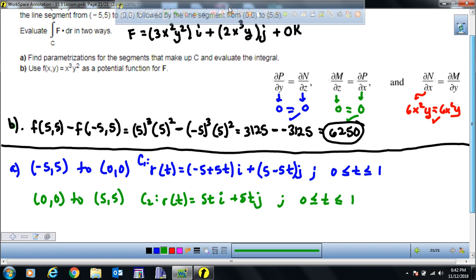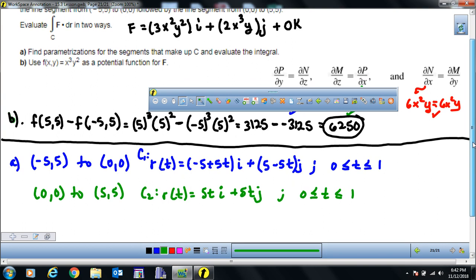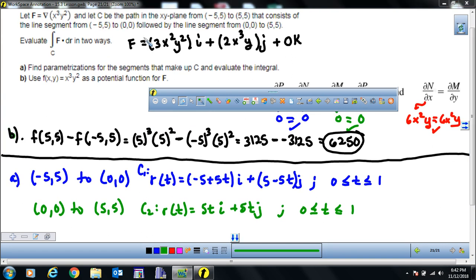So we already got the gradient field, which is this one. Remember that what we need to do now, we need to evaluate this gradient field to each one of these parametrizations. Okay, where x is going to be this and y is going to be this, and for the second one, x is going to be this and y is going to be the 5t. Okay, so let's do the first parametrization.